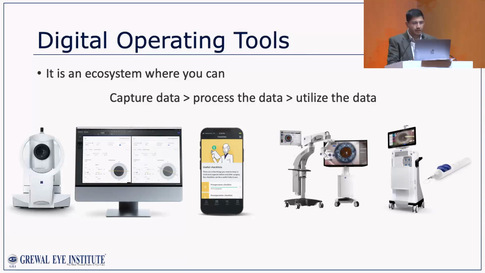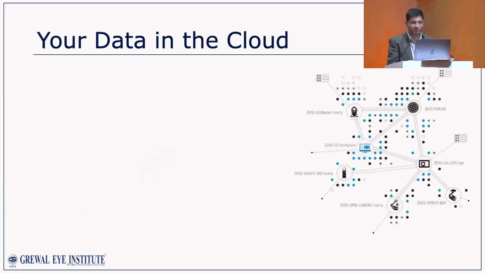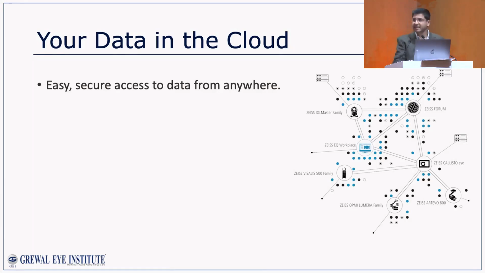So we have wonderful digital operating tools that are available to help us address this to a large extent. This is an ecosystem where you can capture data from the patients, process this data, and then actually utilize this data during the treatment process. So basically, your data will be in the cloud. It's very easy.